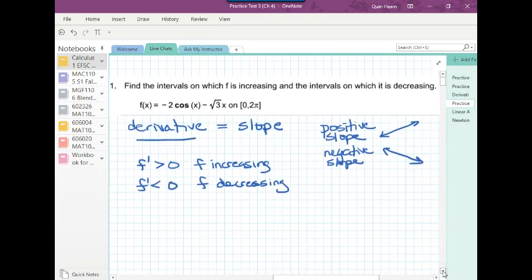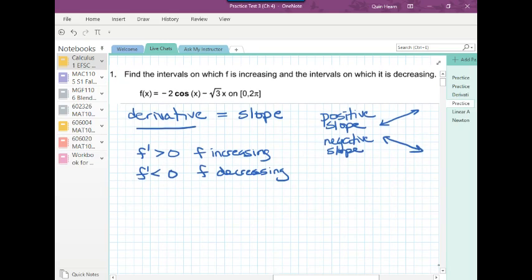We're going to use a technique called a sign chart in order to find the intervals where the derivative is positive or negative. So first we have to find the derivative. The original function f of x is negative 2 cosine of x minus square root of 3 x on the interval from 0 to 2 pi.